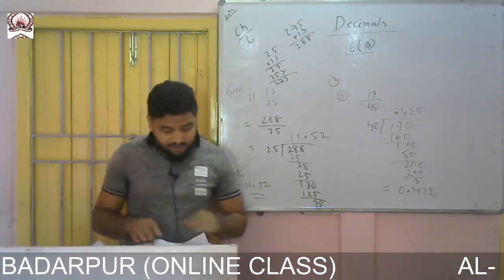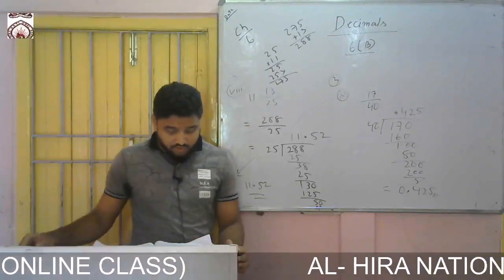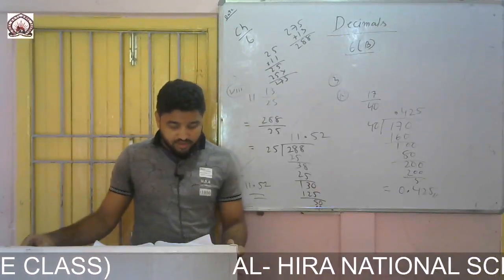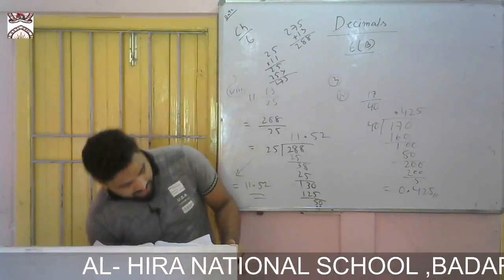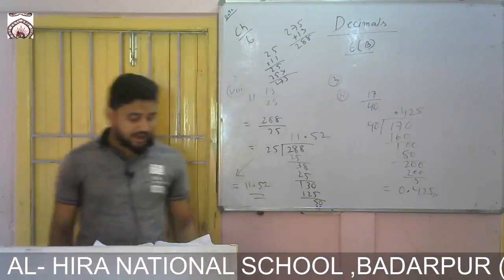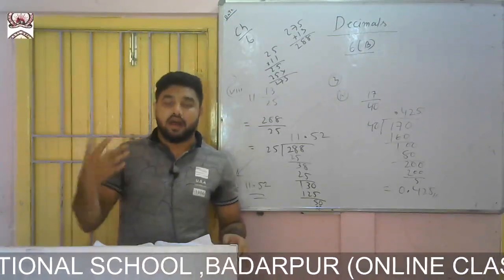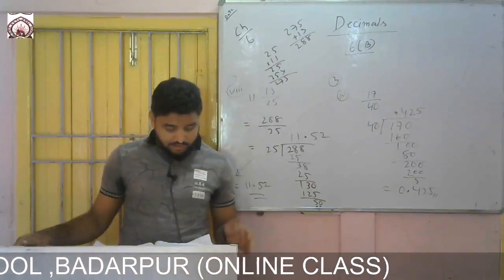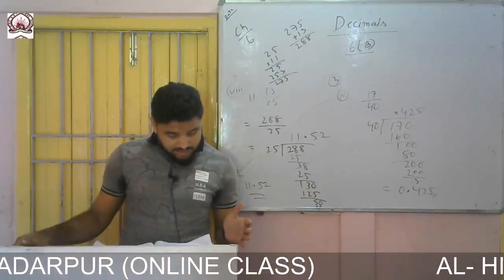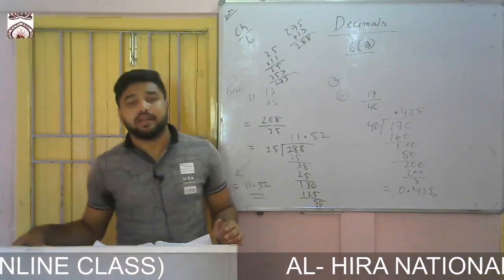Now come to question number 4. Change the following fractions to decimals by changing the denominators to 100 or multiples of 10. That means you have to change the denominator into multiples of 10, like 10, 100, thousands, anything.